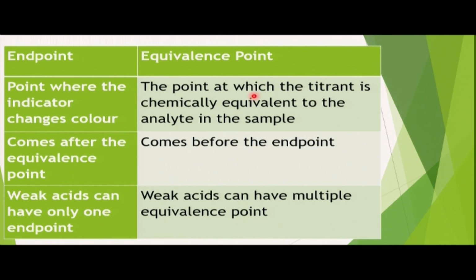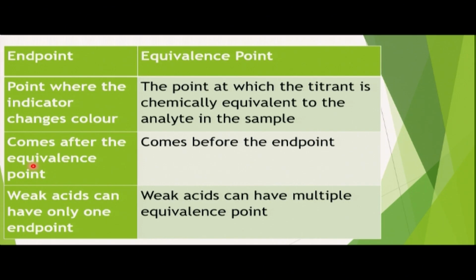So the concentrations of the acid and the base are equal at the neutralization point. That's when we say they are chemically equivalent. The end point comes after the equivalence point. So the equivalence point comes before the end point.